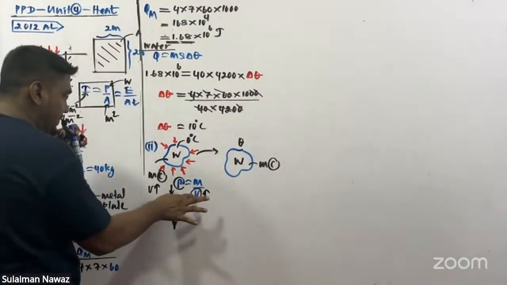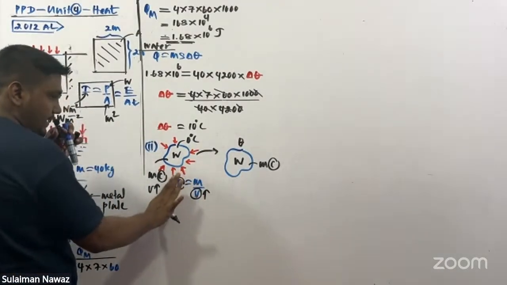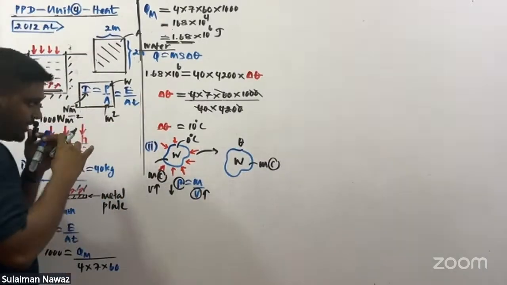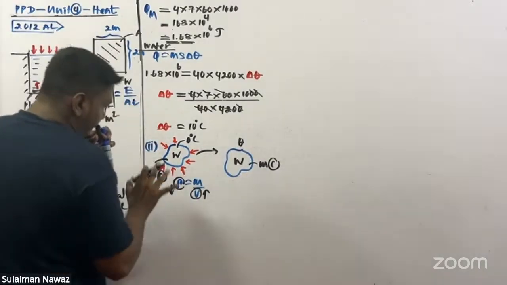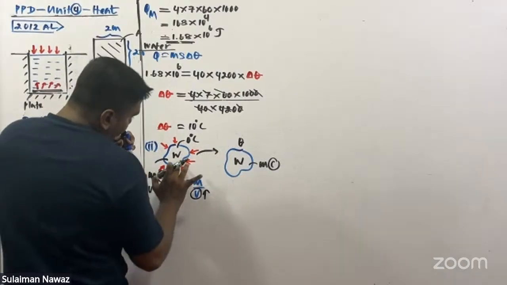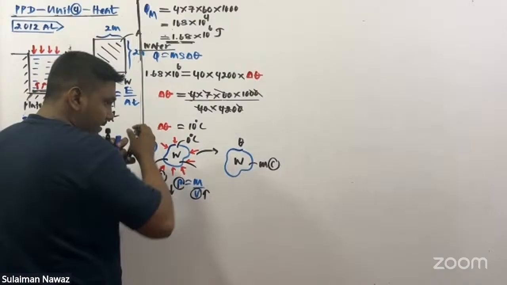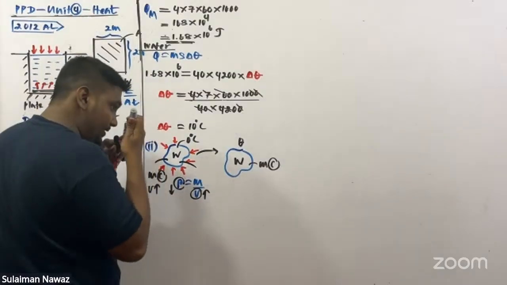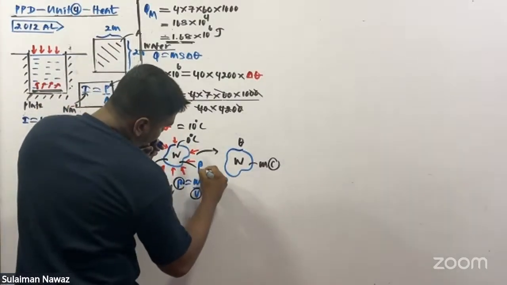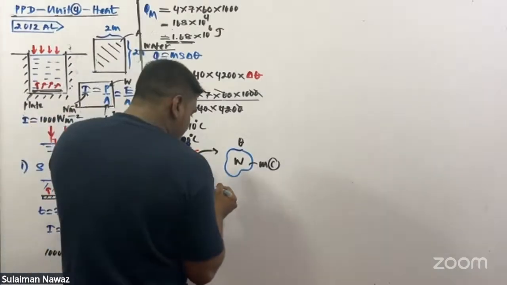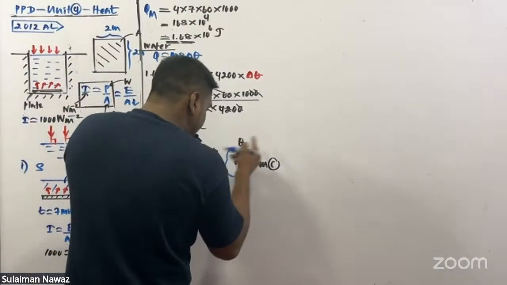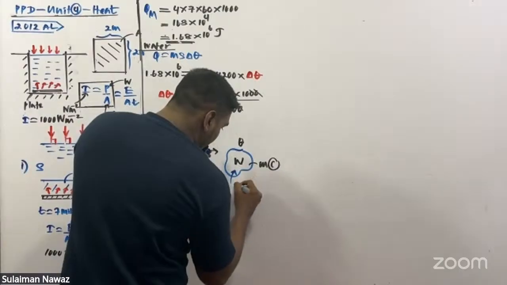That's why they mentioned that when the temperature is 0 degrees Celsius, the density of the water is rho naught, and when the temperature is theta degrees Celsius, the density is rho theta.